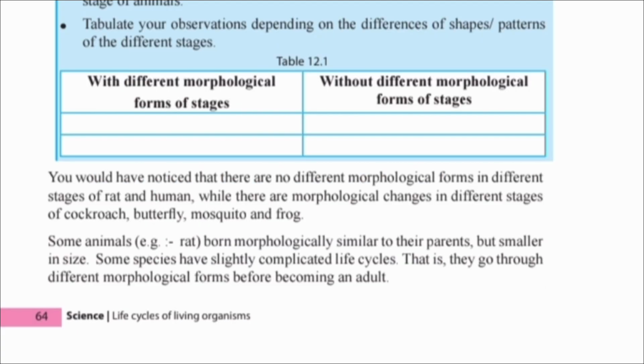So you would have noticed that there are no different morphological forms in different life stages of rat and human, while there are morphological changes in different life stages of cockroach, butterfly, mosquito, and frog.